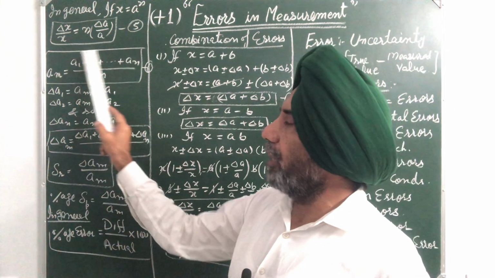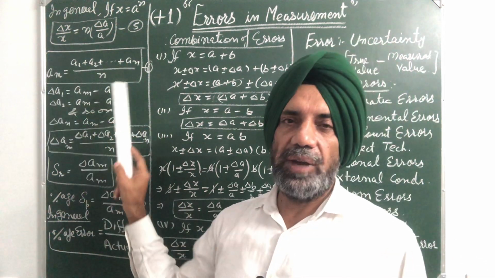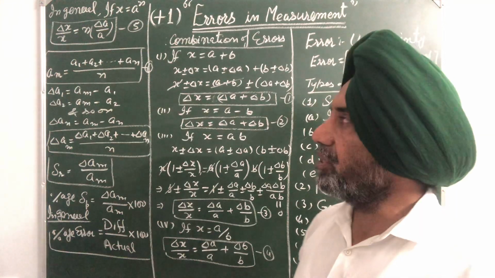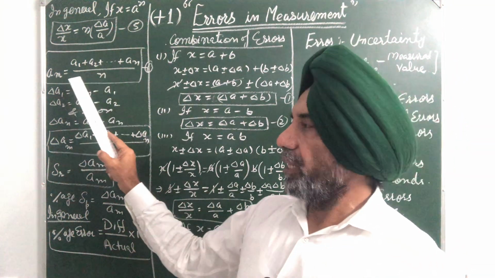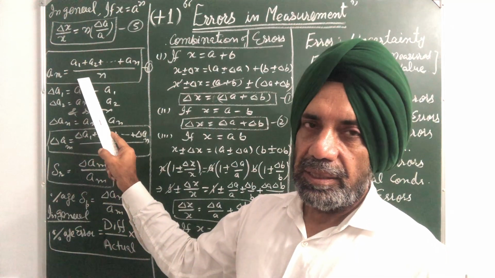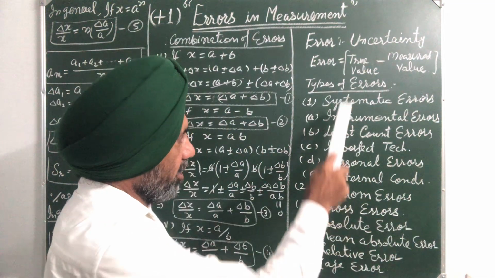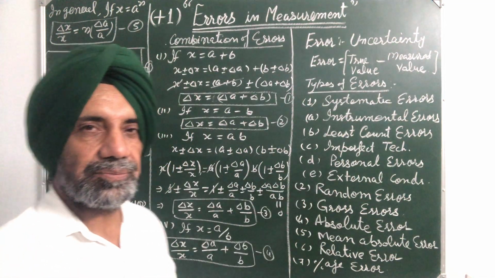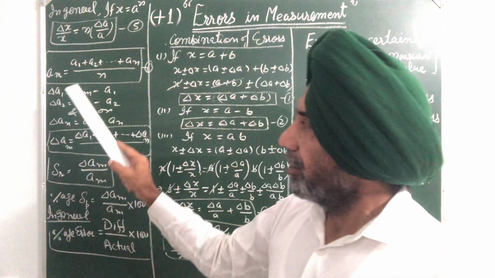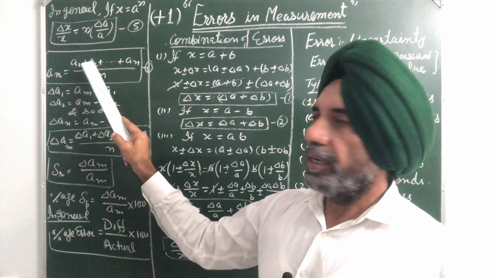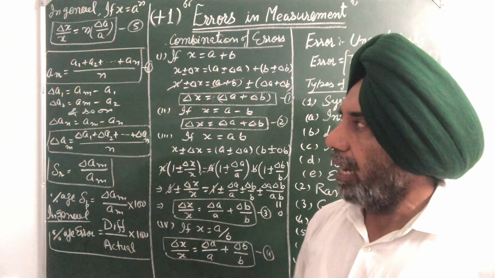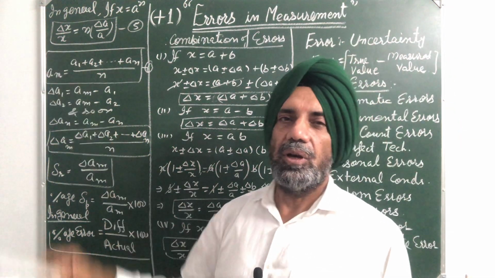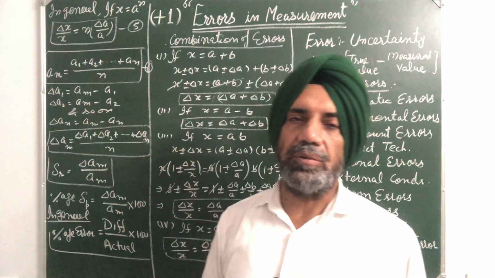This is known as mean value or best value or true value of the physical quantity A. So to minimize random errors, we take a number of observations and find their arithmetic mean, and that arithmetic mean will give you the best value or true value of the quantity.